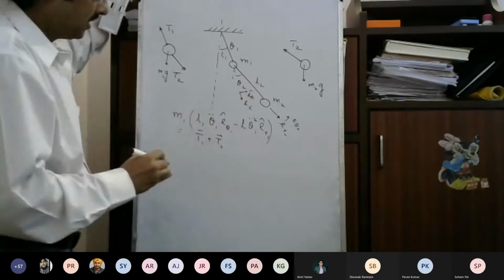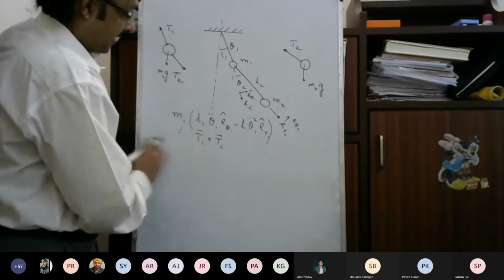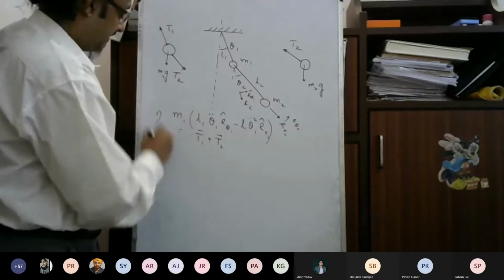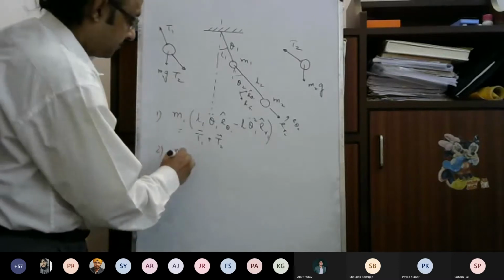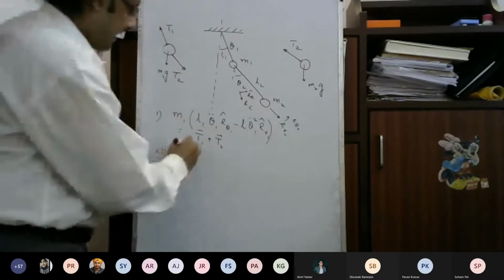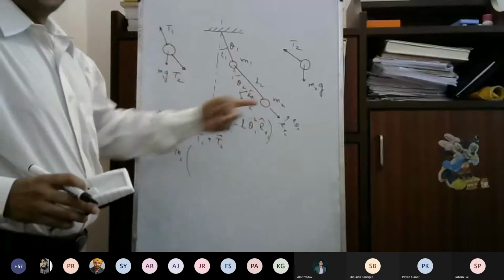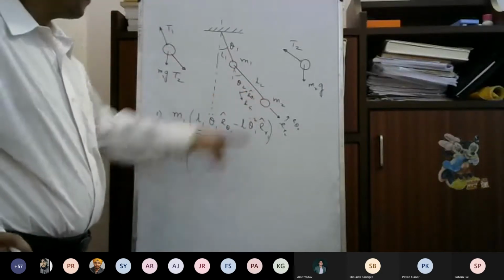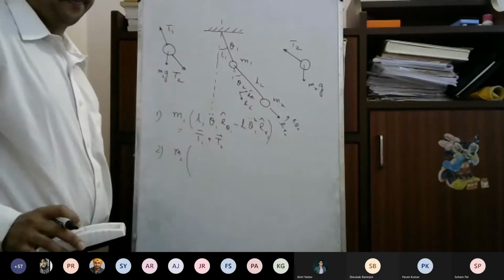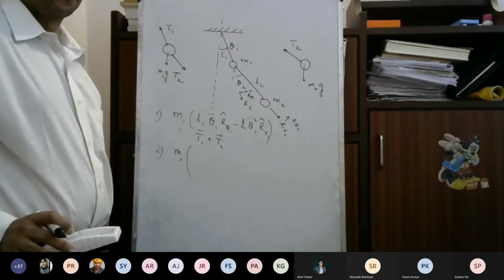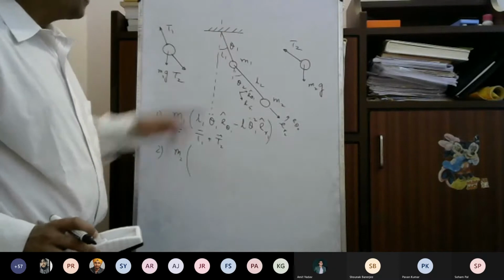Let me write down this is the first equation. The second equation, you will get m2 times the acceleration of this point. What will be the acceleration of the mass particle m2? How to get the acceleration?